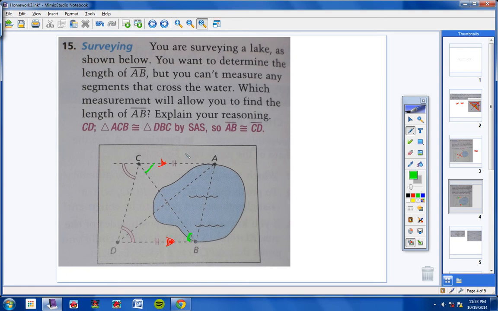Okay, I also know that this side here is congruent to this side here. So think about this for a second, students. See this triangle right here? And see this triangle, DCB and ACB, in red?